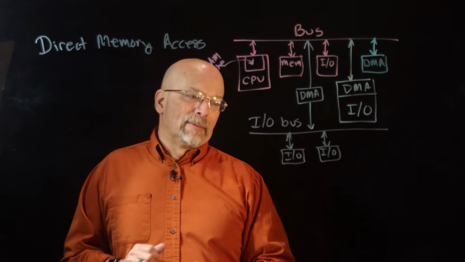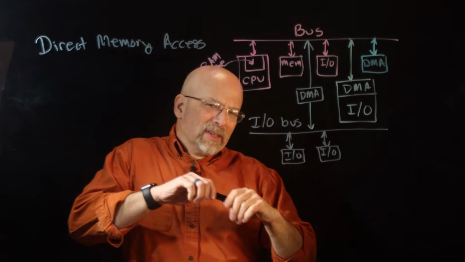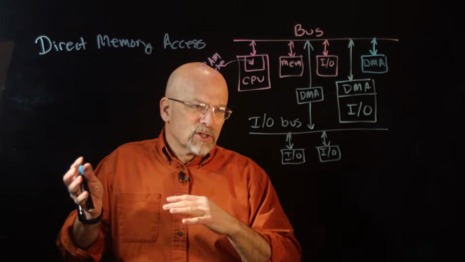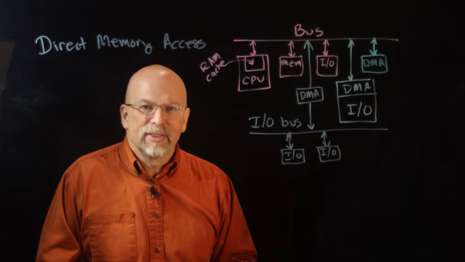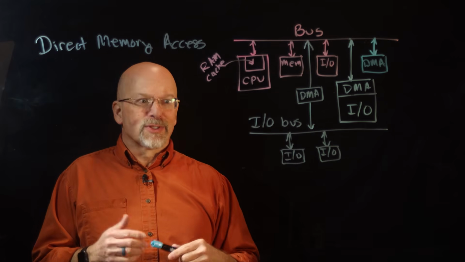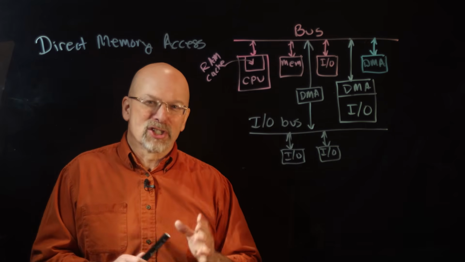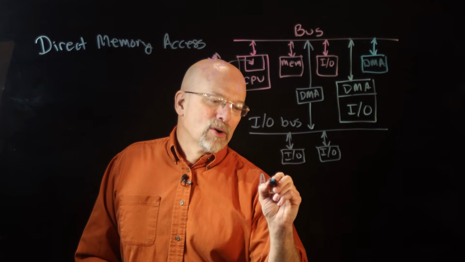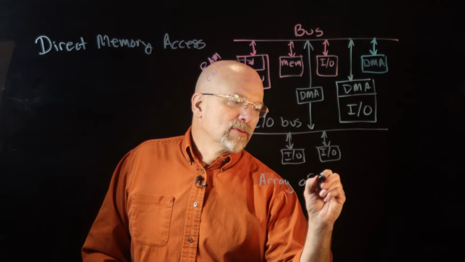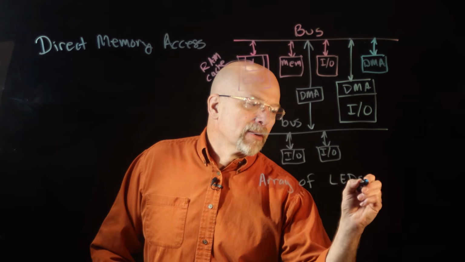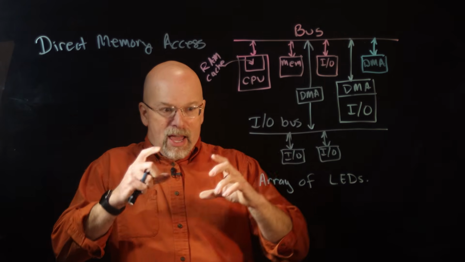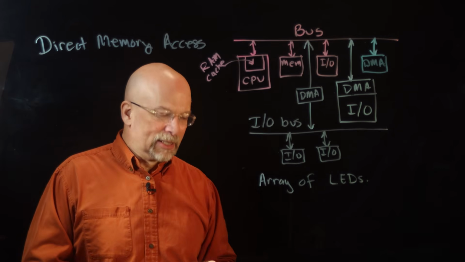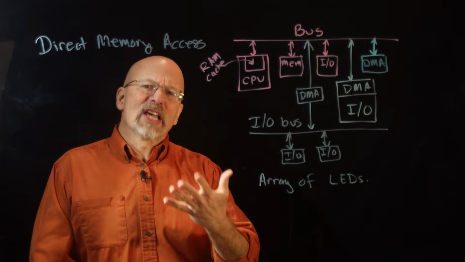All right. Now, this is all cool in terms of transferring large blocks of data, but it turns out that DMAs are also used for some rather unique applications. For example, picture this. Maybe I have an array of LEDs, a small matrix of LEDs, and I want to send a pattern.